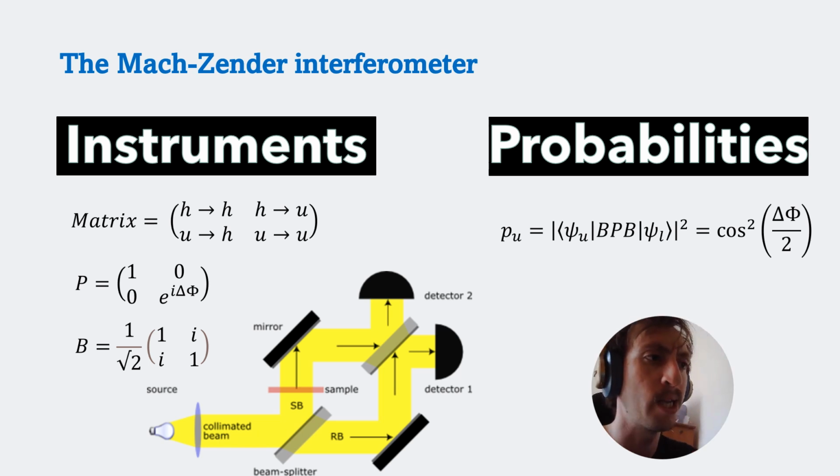So it starts in the classical state travelling horizontally, and that's what psi-L is. And so travelling horizontally, if we look at our matrix, that's going to be 1 at the top and 0 at the bottom.